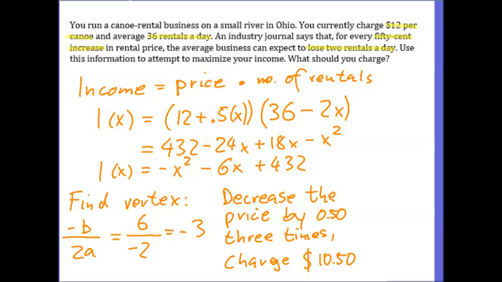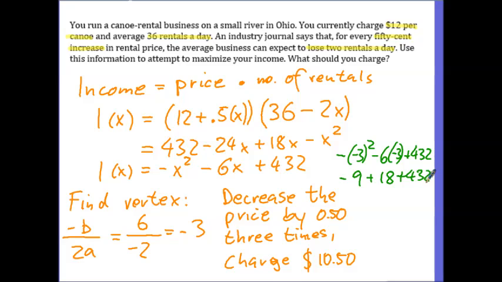Okay, and then we're going to use that value of x, plug it into our function, our income function, and see what we get for an answer. So you can use the space on your left margin for doing that. I'm going to squeeze it in here. So we got negative of negative 3 squared minus 6 times negative 3 plus 432, negative 9 plus 18 plus 432.